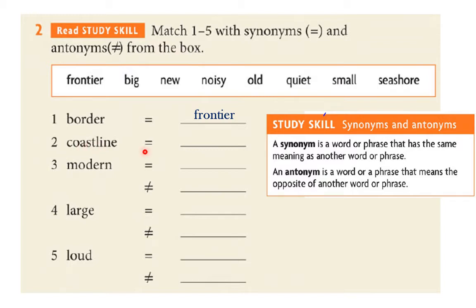Coastline has the same meaning as another word, which is seashore. Seashore is the synonym of coastline. Modern has the same meaning as new, and the opposite meaning of old.